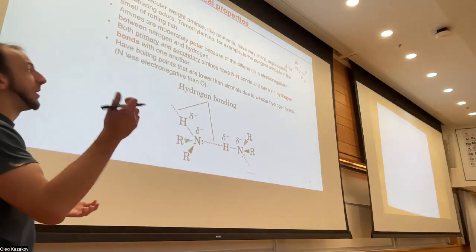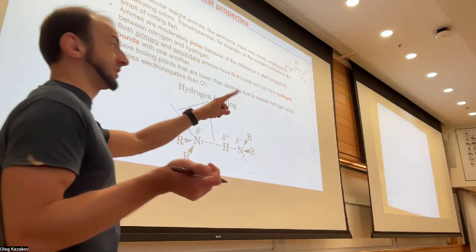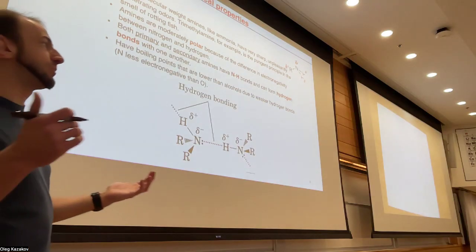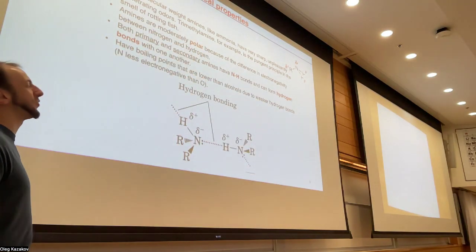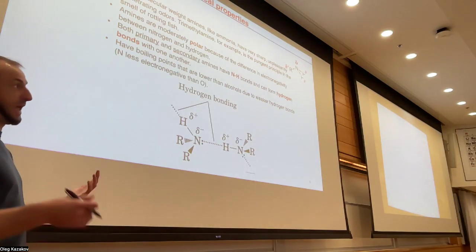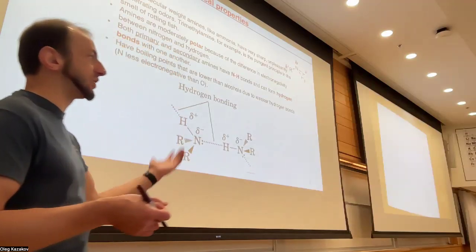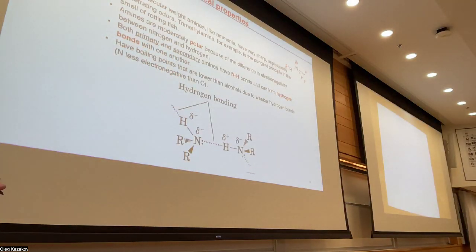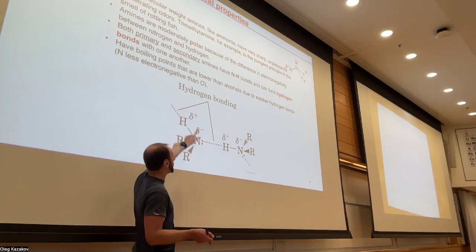There's a jump in electronegativity difference if you look at the CH versus NH bond. The CH bond is considered non-polar, as we know from the beginning of this course. That's why, for example, alkanes are non-polar compounds, because they have non-polar bonds essentially everywhere. But if you look at amines, they will have this highly polar NH bond.